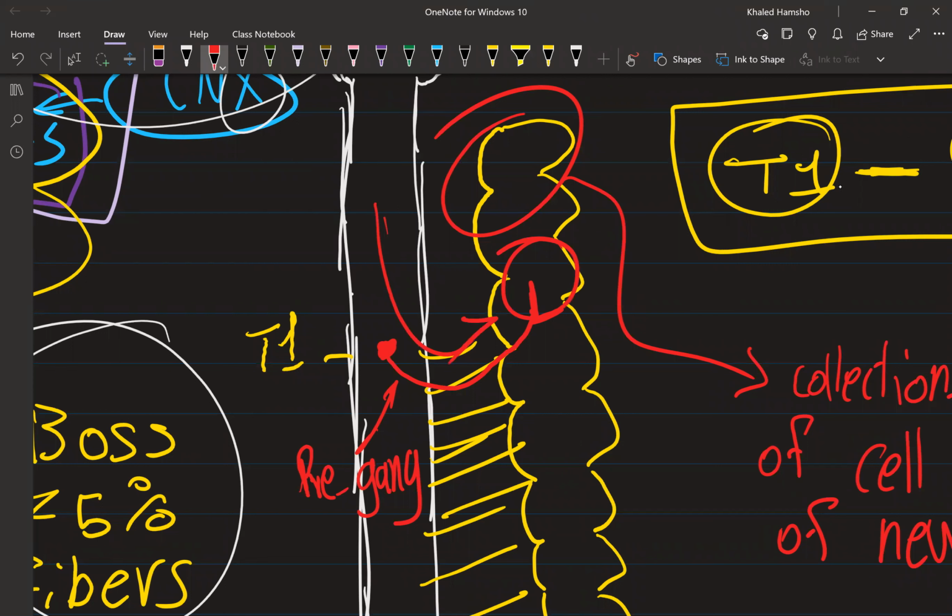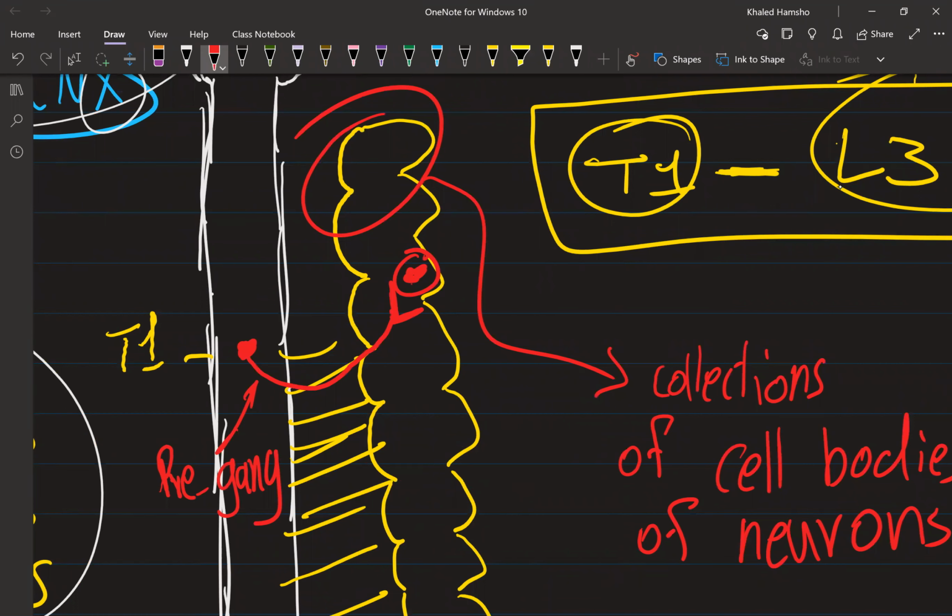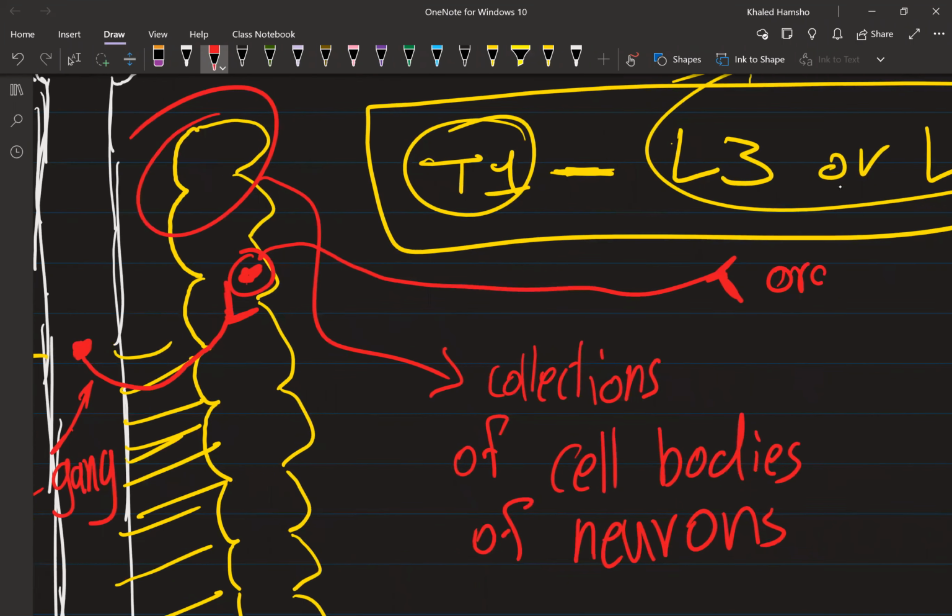Now, in the ganglion itself, this collection of cell bodies, there's another neuron that arises here. This neuron will give off branches that go all the way to the organ. So say this is the organ over here. This neuron starts from the ganglion and ends all the way at the organ.